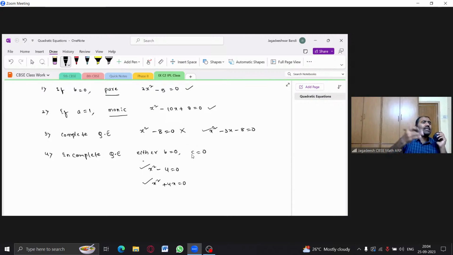Fine. Now let's enter into the real scenario of the chapter, that is roots. And after that, we have to discuss the nature of the roots, and after that, so many things. Okay, fine. Today we have just discussed what a polynomial is, how the quadratic equation is derived from the polynomial, and some basic types of quadratic equations.